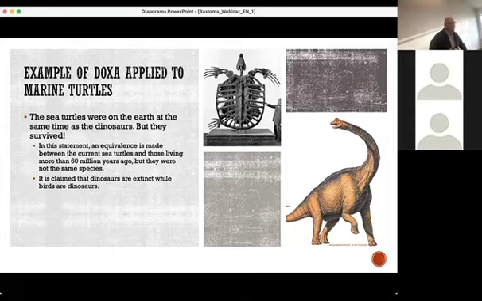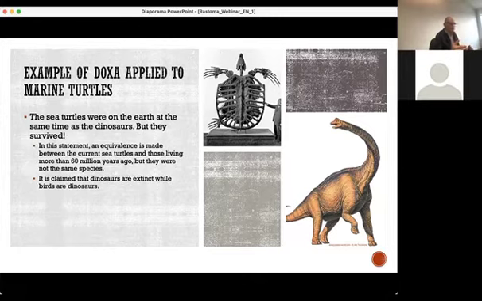Why is this imprecise, and then it becomes wrong? First, in this statement, you make an equivalence between the marine turtles at current time and the origin of marine turtles. The marine turtles present on the Earth 60 million years ago are not the same as the marine turtles that you see now on your beaches. So these are two different concepts.